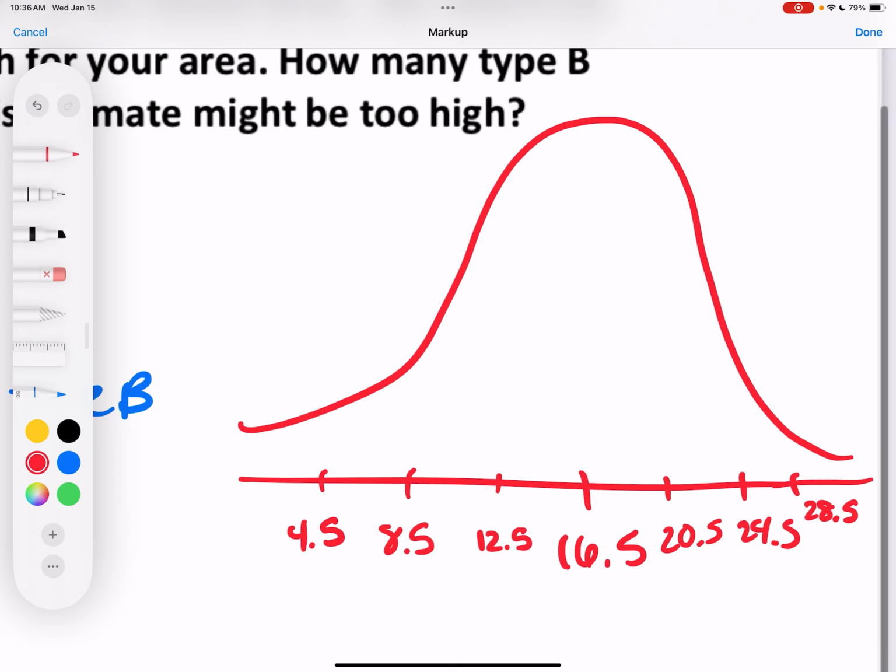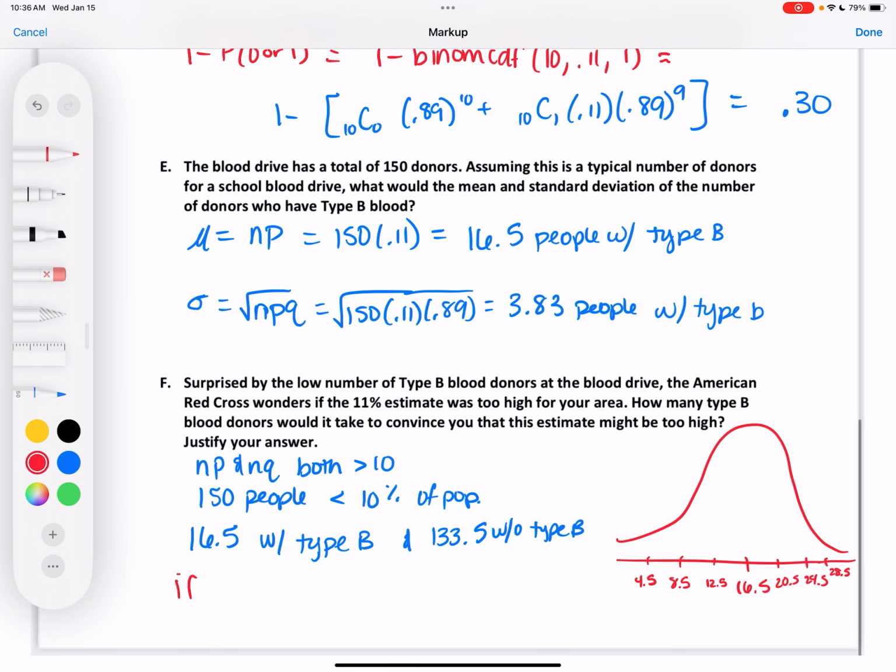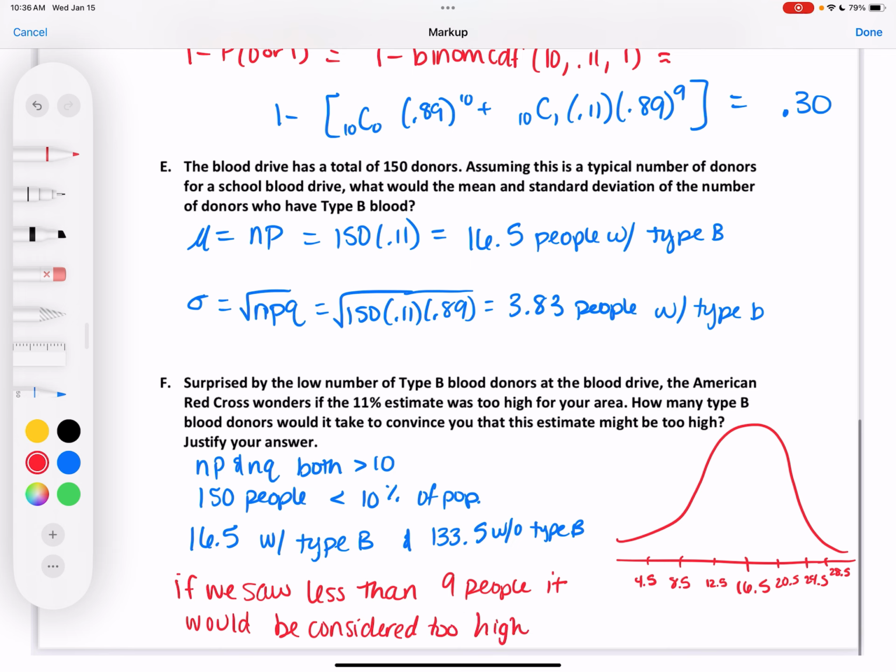So if we saw anything less than 9 people with type B blood, then our estimate is too high, because that's 2 SD away.